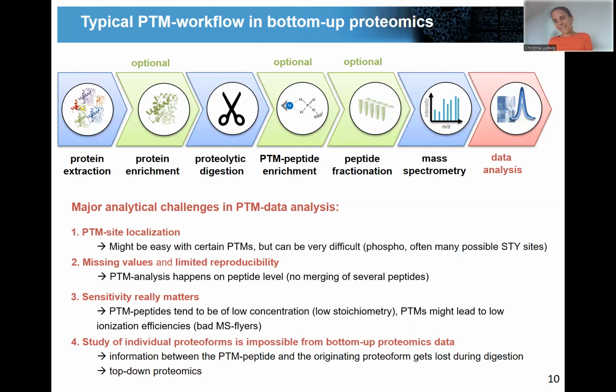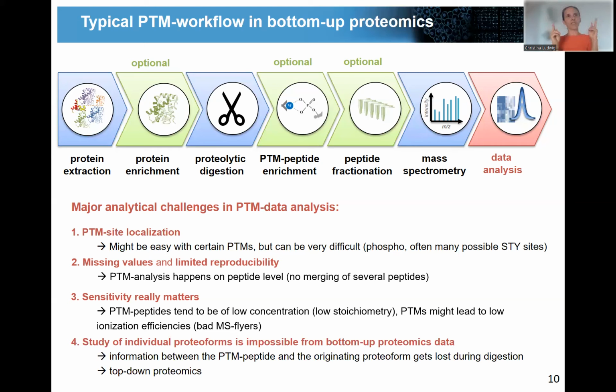And one last major challenge, the holy grail in PTM proteomics, is the differentiation of proteoforms. If you're working on a project where you really want to say which different proteoforms of a protein exist in a sample, so how different PTMs on the same protein maybe interact, communicate, crosstalk to each other, then you're not allowed to use a protease in your workflow and do what we call bottom-up proteomics.